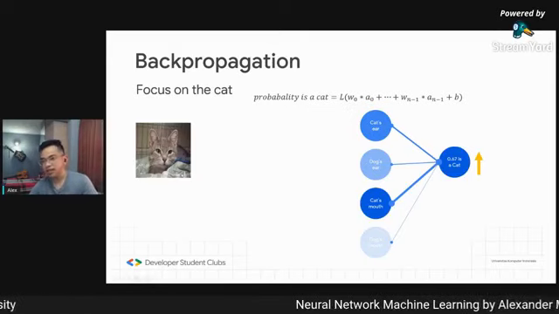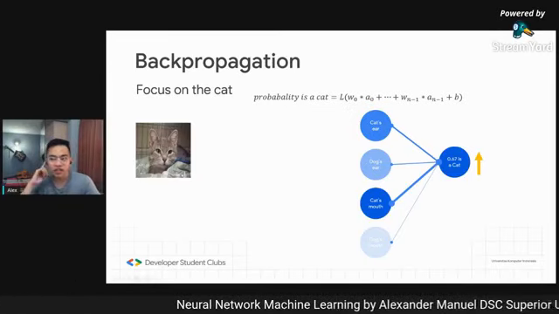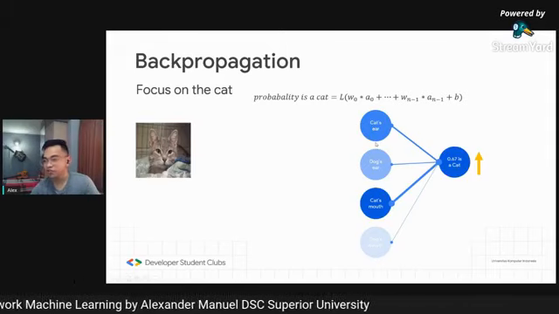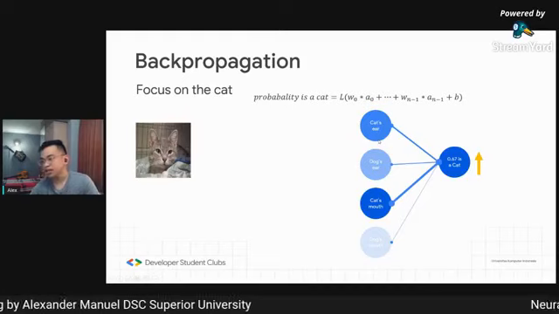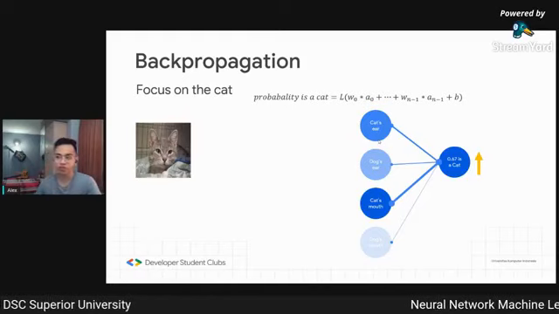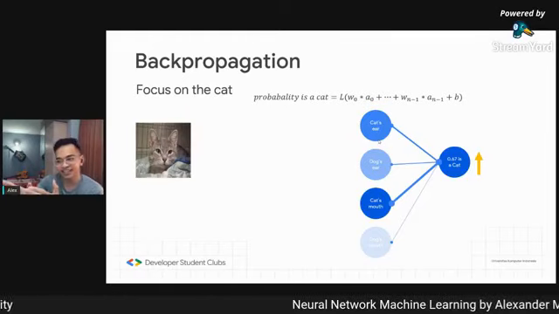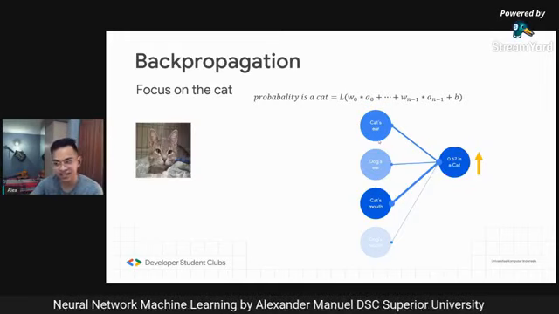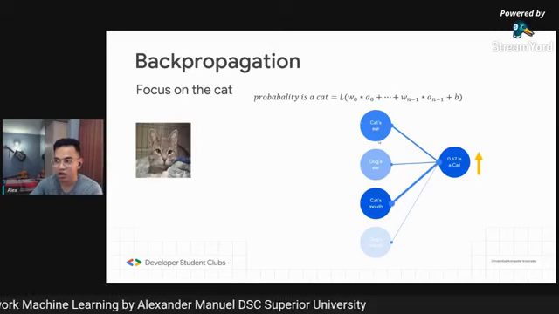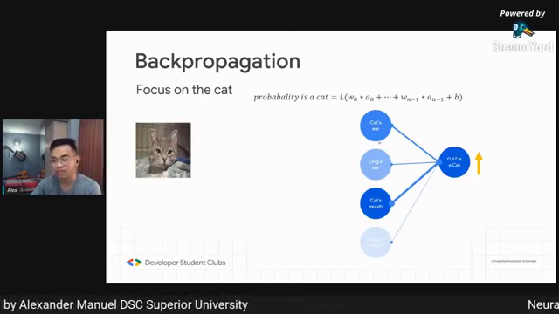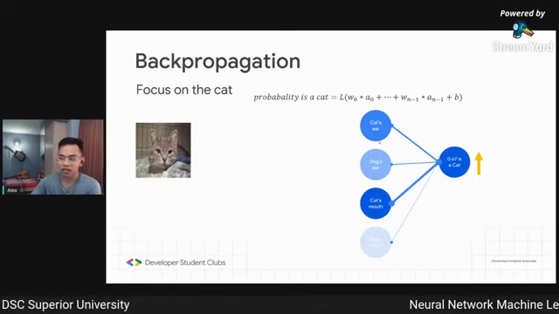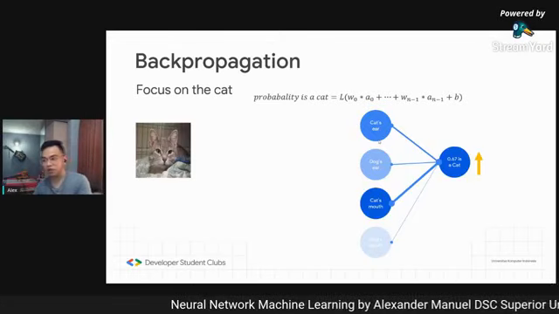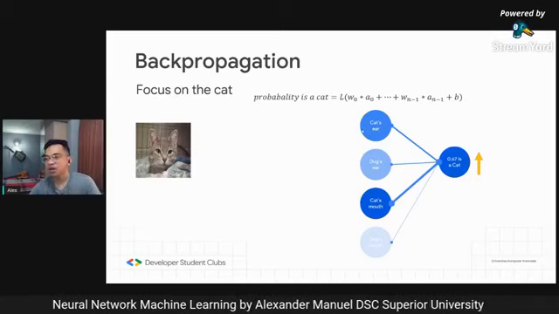In a neural network, as I illustrated, in actual cases they don't perfectly know whether it is a cat ear or a dog ear. But for the sake of intuition, I'll use this, so bear with me.